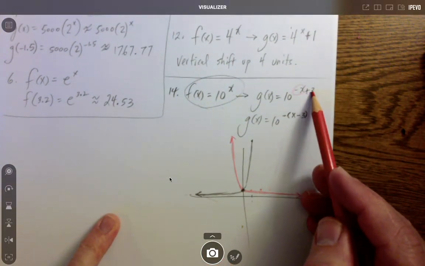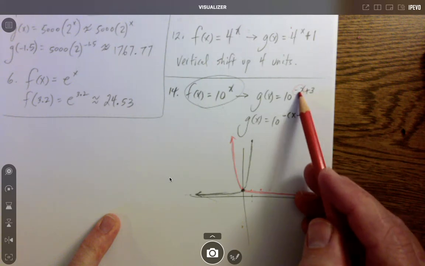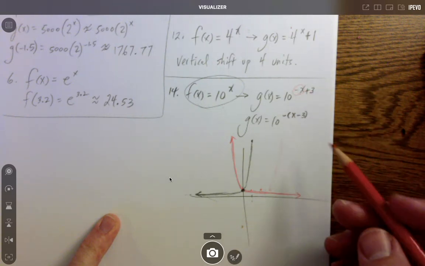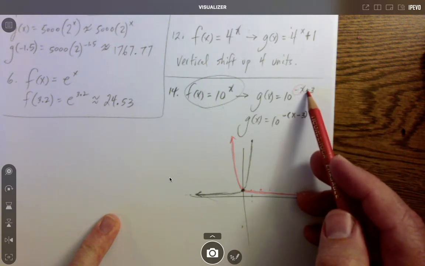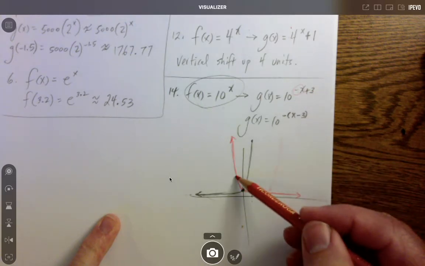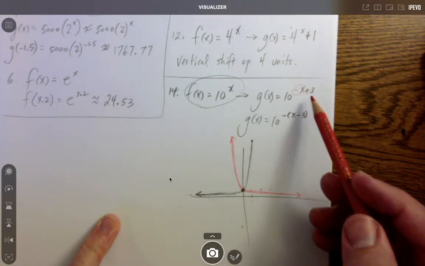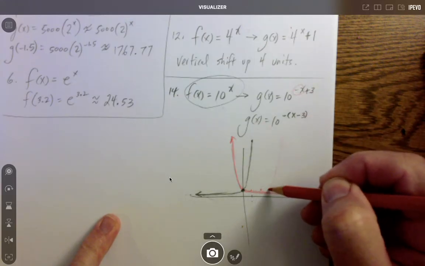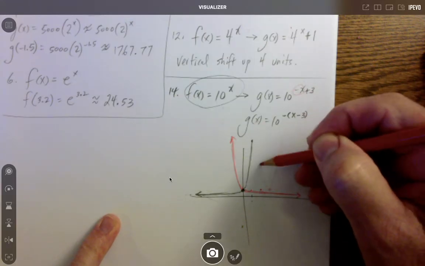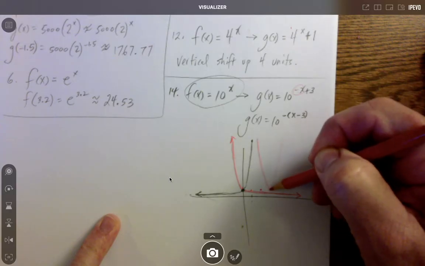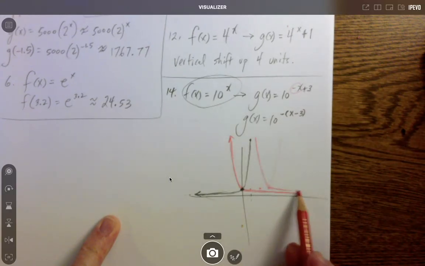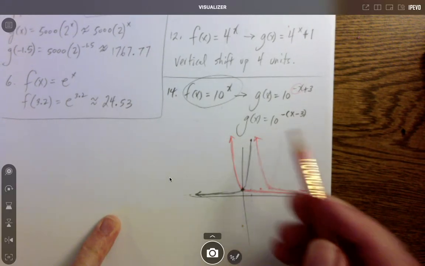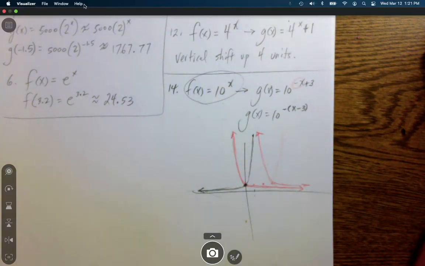And now when I add 3 to that, well, I'm adding 3 to the opposite of x. So normally when I see that plus 3, I think it's going to go left, but I believe it's going to go right. So I think this is going to go 1, 2, 3 this way. I think it's going to do this. So I think we're going to end up right here, but I'm not positive. Let's graph it and see.